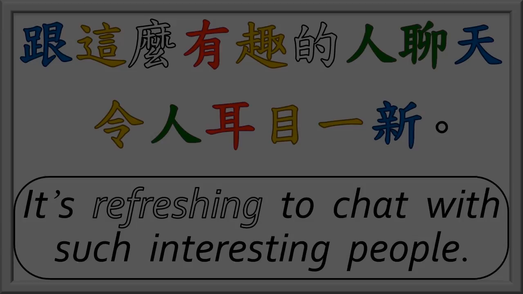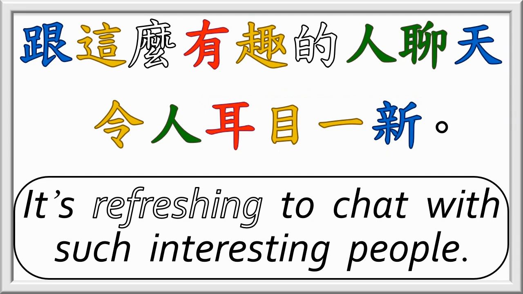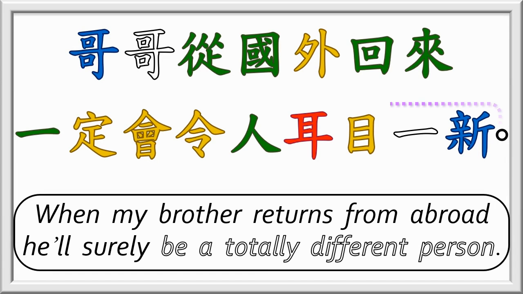The idiom 耳目一新 means to find everything one hears and sees fresh and new, or to have a completely new impression of something. 跟这么有趣的人聊天，令人耳目一新. It's refreshing to chat with such interesting people. 哥哥从国外回来，一定会令人耳目一新. When my brother returns from abroad, he'll surely be a totally different person.